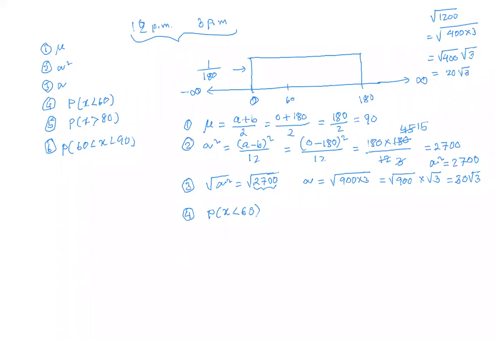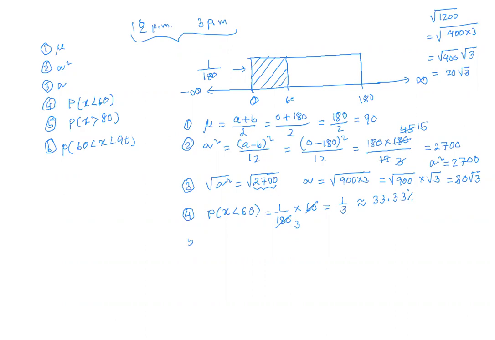Less than 60 minutes means we are talking about all the area to the left of 60. So that's going to be height is 1/180 times width is 60 minus 0, which is 60. So 60 goes into 180 3 times, that's 1/3, or approximately 33.33%, right? 1/3 is 0.3333.